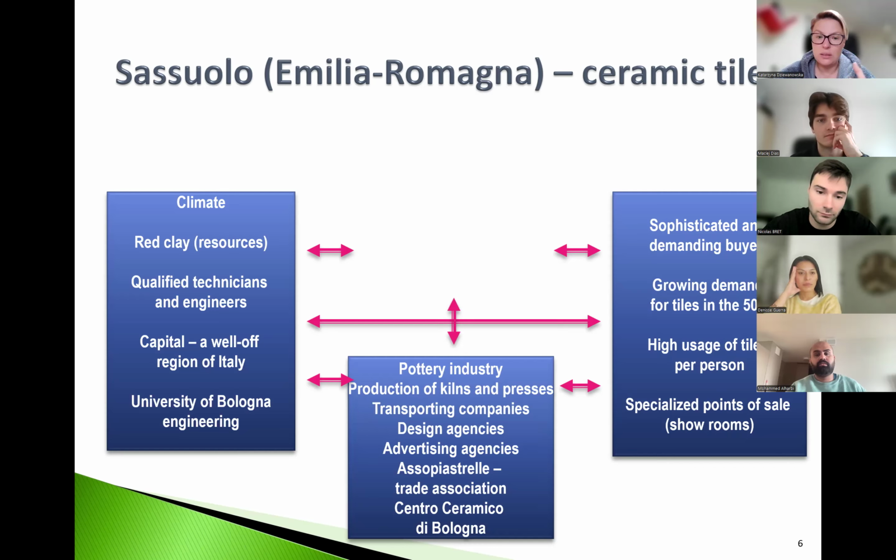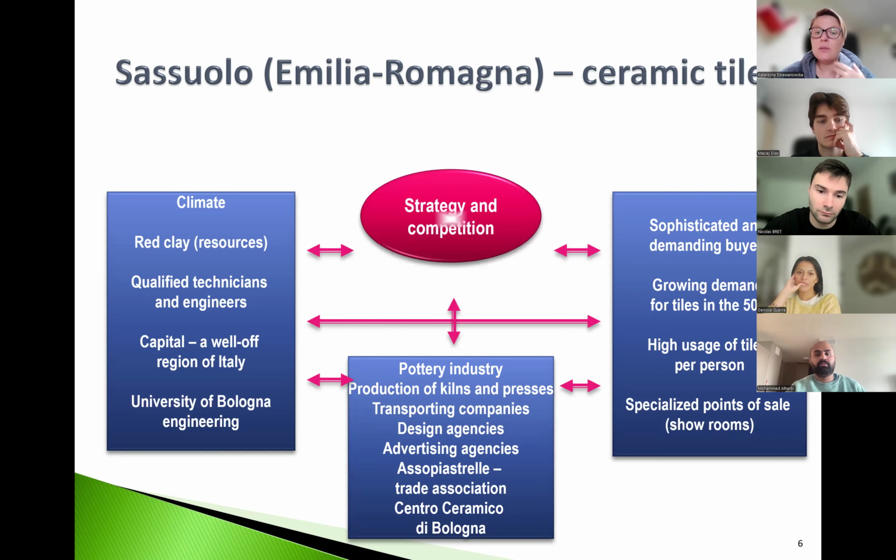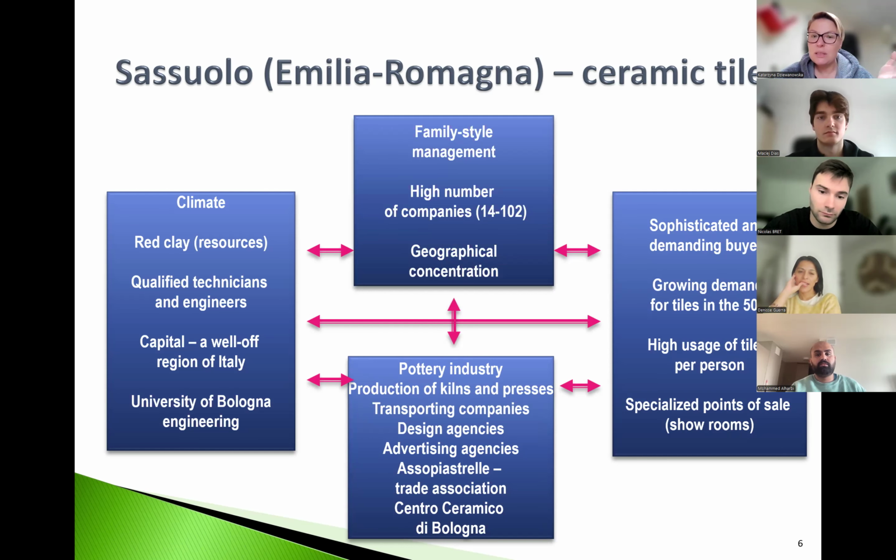So there is a pottery industry, production of the machines that you need, transporting companies, design agencies, advertising agencies, and also a trade association for the tiles. As for the strategy and competition, family style management, a huge number of companies, it grew over a decade from 14 to 110. So you can imagine that the competition was intense and there was a high geographical concentration.